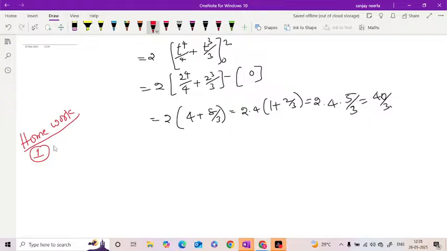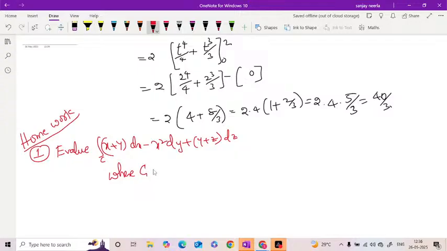Now evaluate the line integral of (x plus y) into dx minus x square dy plus (y plus z) into dz, where the curve C is y square is equal to 4x and z is equal to x, and x values are in between 0 to 2.